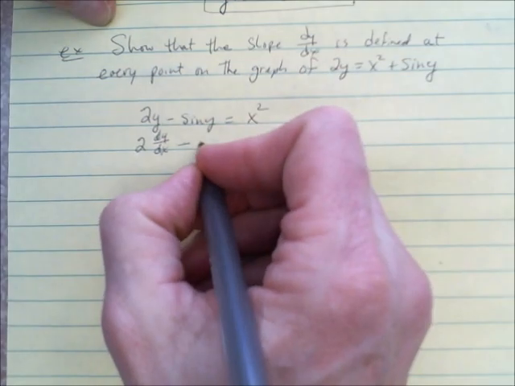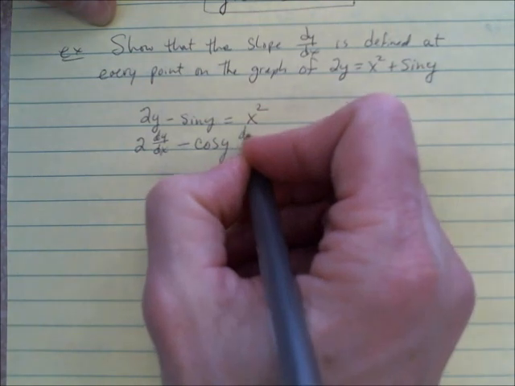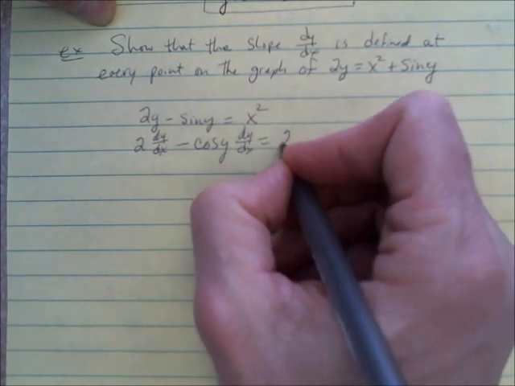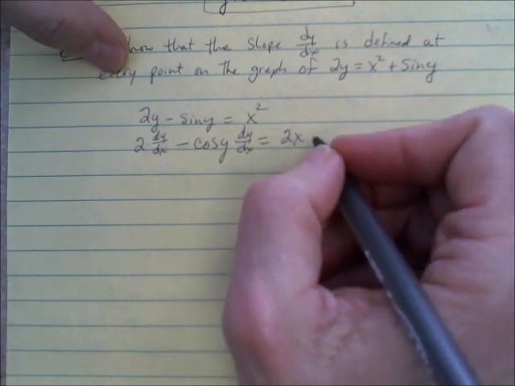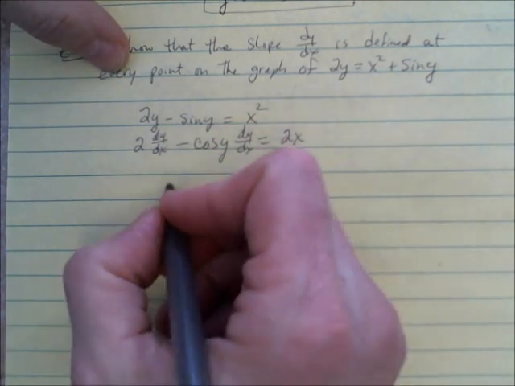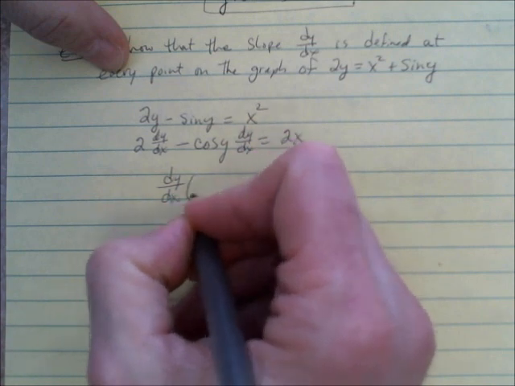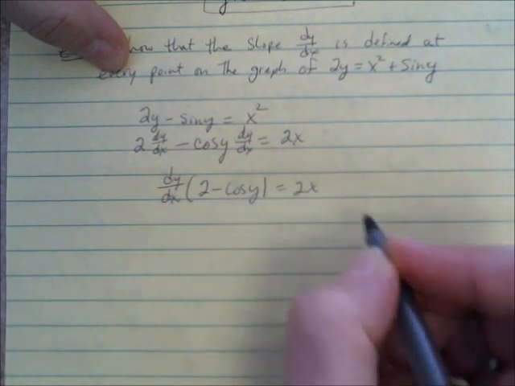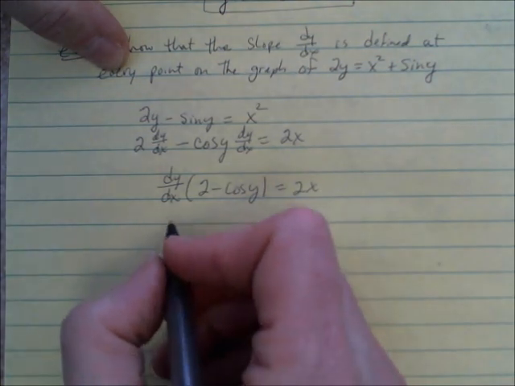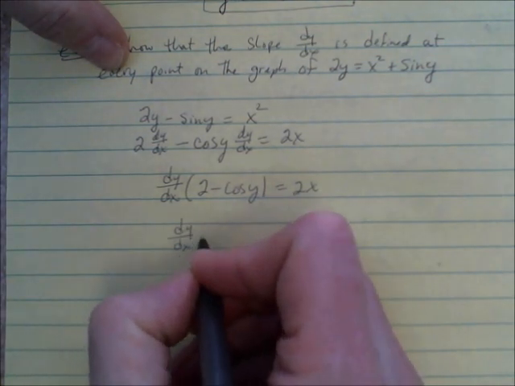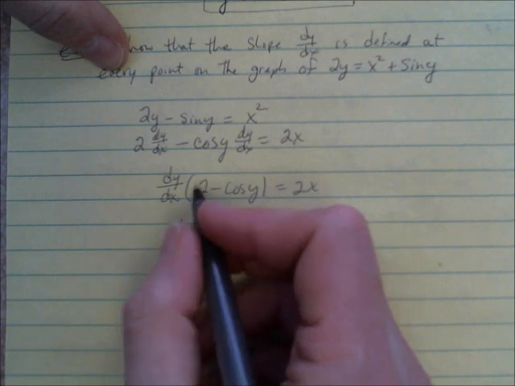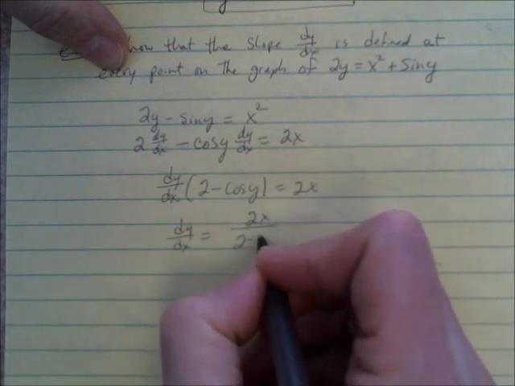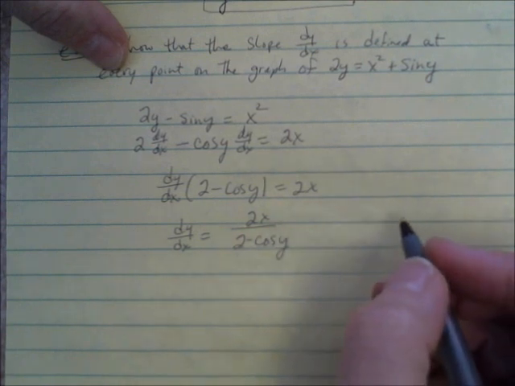The derivative of sine is cosine of y dy/dx, and that's equal to the derivative of x squared, which is 2x dx/dx. Factoring out a dy/dx, you're left with 2 minus the cosine of y, and then solving for dy/dx, the slope of the curve at any point (x, y), is equal to 2x over 2 minus the cosine of y.